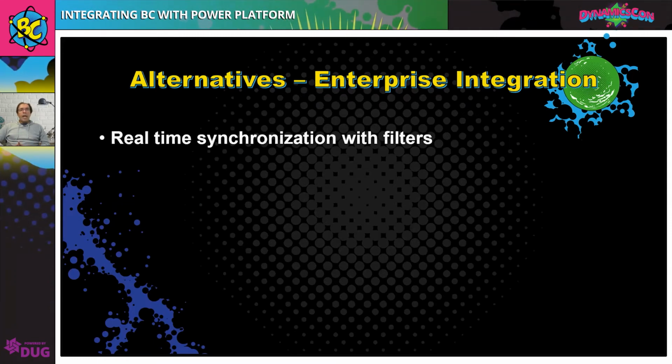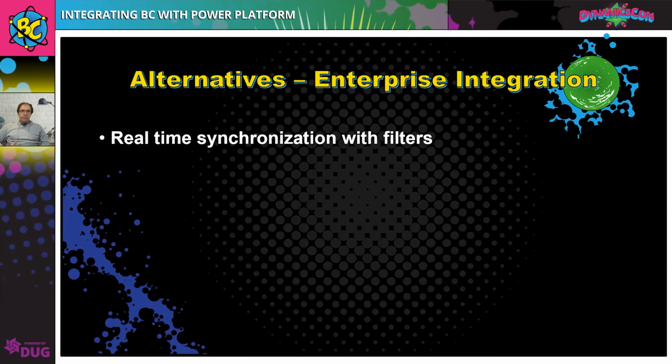First one is I have real-time synchronization, but I only want to integrate when I have certain conditions. For example, I have a customer, but I don't want the customer to go back to BC, or back to Dataverse, depending on what direction you want, until that customer moves from a draft into an active user, right?